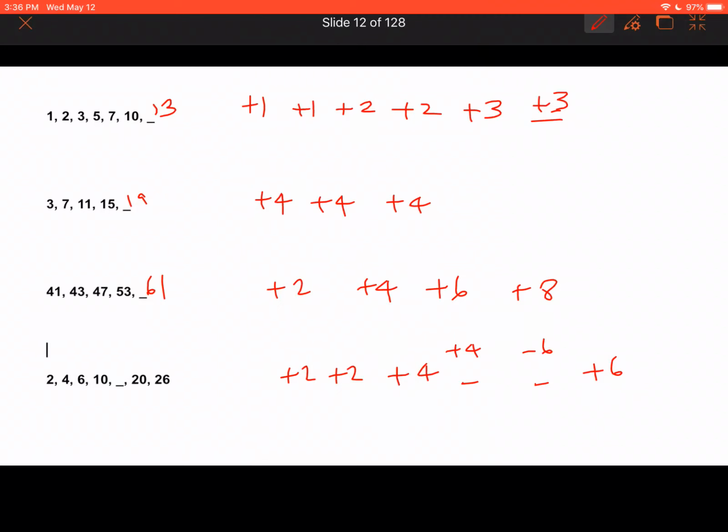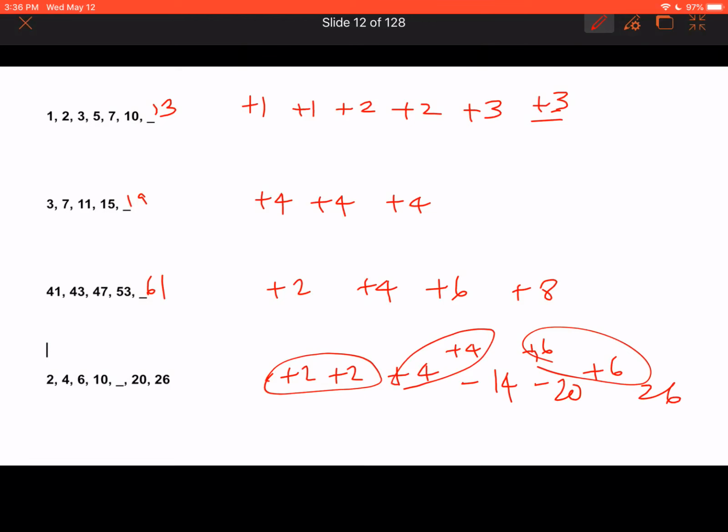Okay, plus 2 is repeated twice and plus 4 is repeated. So this is my guess. Let us check. 10 plus 4 is going to be 14, and 14 plus 6 is going to be 20, and 20 plus 6 is going to be 26. So this pattern is not getting disturbed. So what I assumed is right, and so the answer is going to be 14.